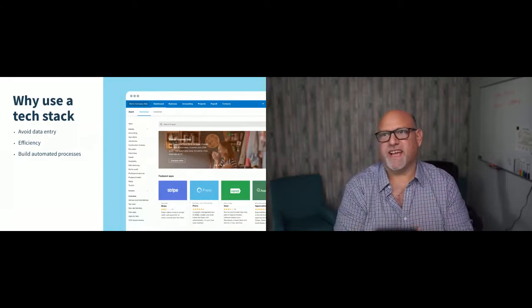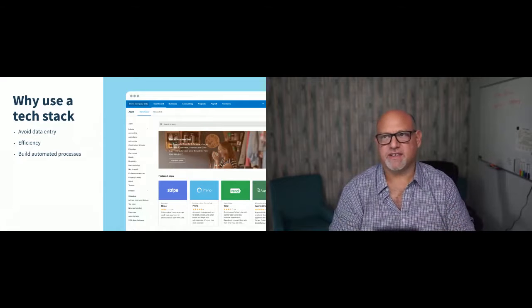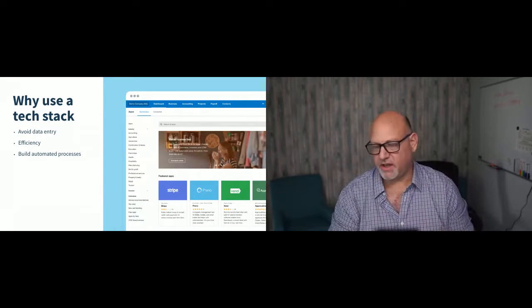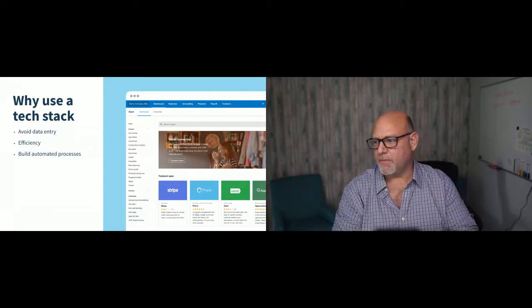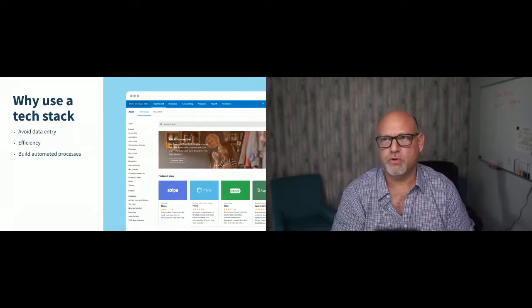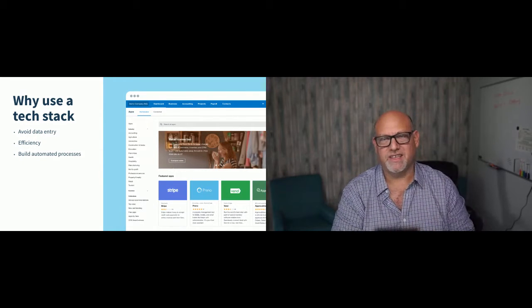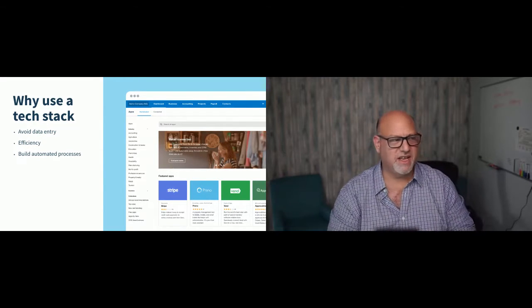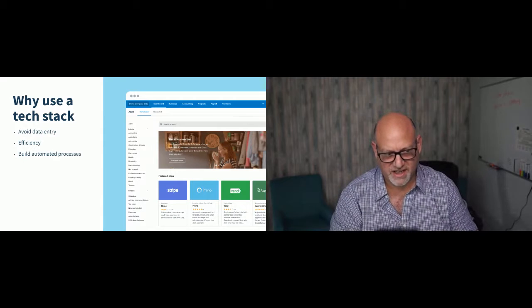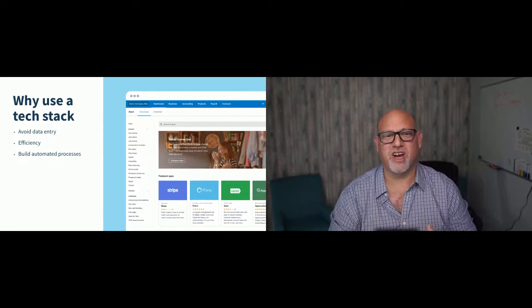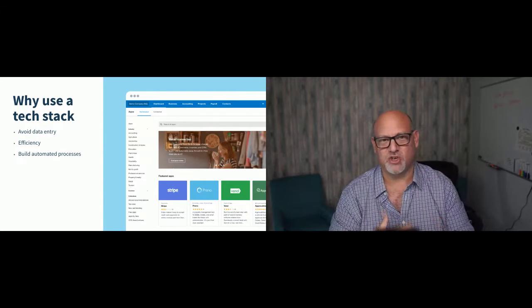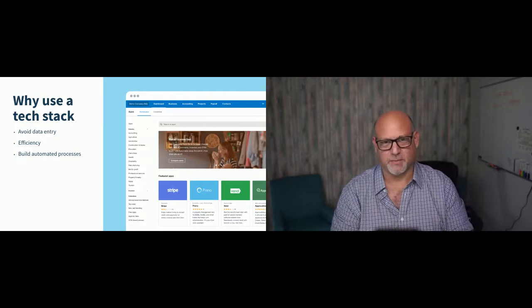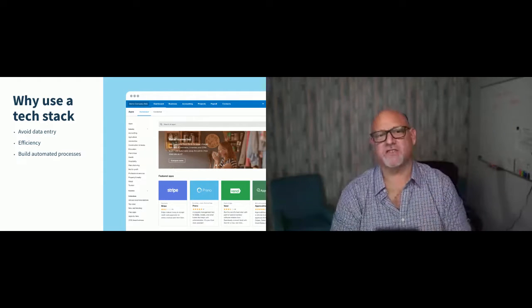So first thing is, why have a tech stack? Why do we want this technology in our business? Well, I think the number one reason to use a tech stack is to avoid data entry. From an early age, I learned that doing manual entry in anything is something you want to avoid at any cost.